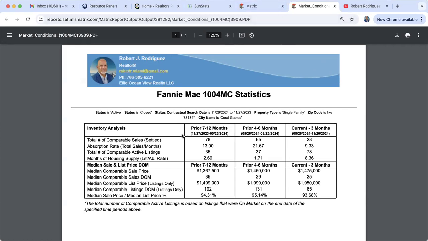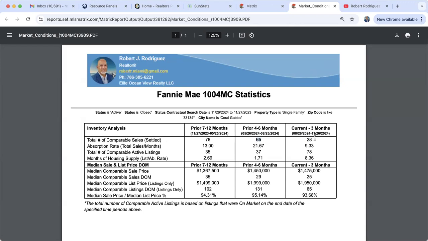So looking at the first line, which means settled, that's closed sales. In the last 3 months, we had 28 closed sales of single family homes in zip code 33134. Compare that to the previous 3 months, which they sold 65. You can see that the market has definitely slowed down towards the end of this year.